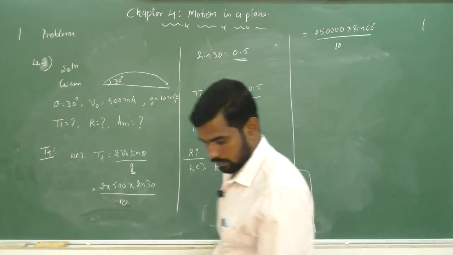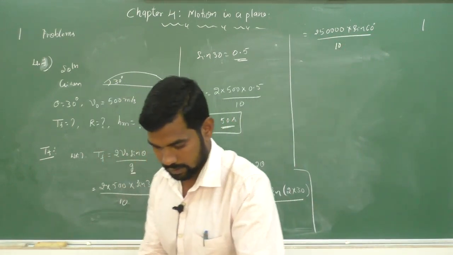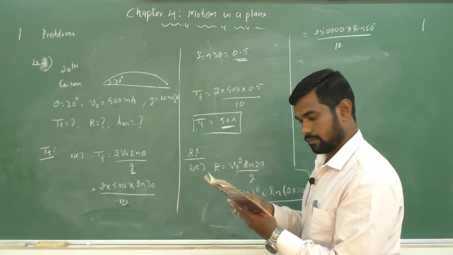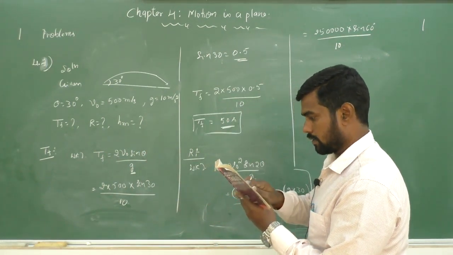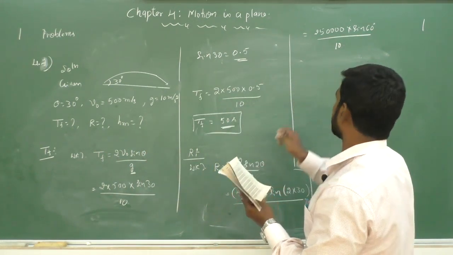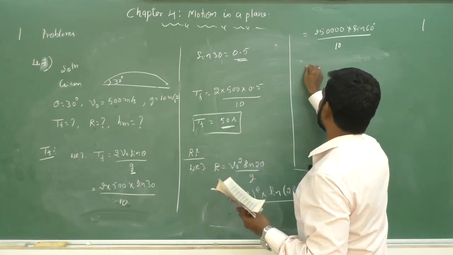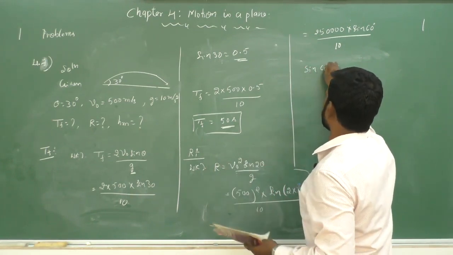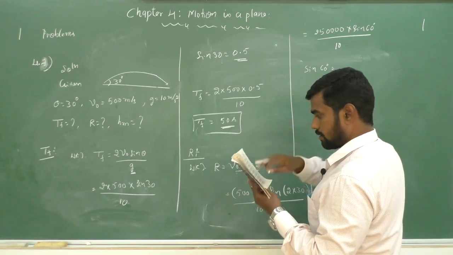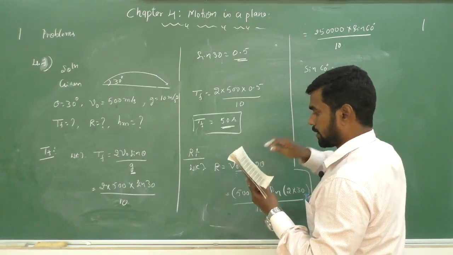Okay, I'll find out what sin 60 degree is. What is the value of sin 60 degree? Sin 60, here it is 0.866.